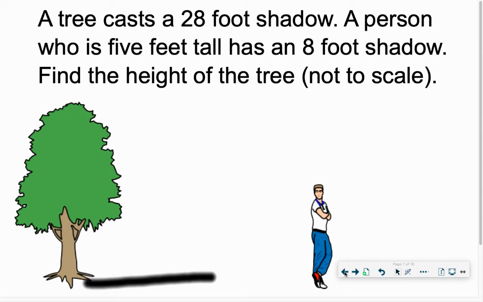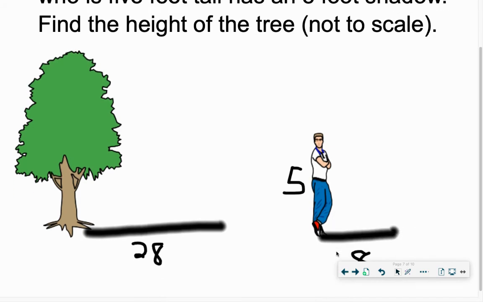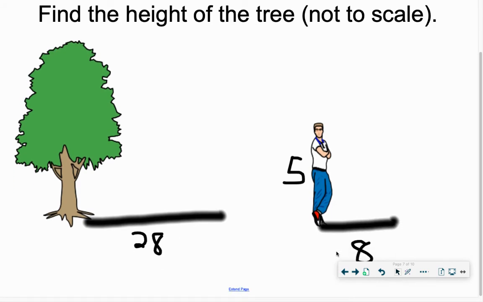What we're talking about here, we've got a shadow. So that tree casts a 28-foot shadow, and then the human has an 8-foot shadow, and he is 5 foot tall. So how do we find the height of the tree? Notice if we were to draw this in, do you kind of see the shape that we're looking at here?